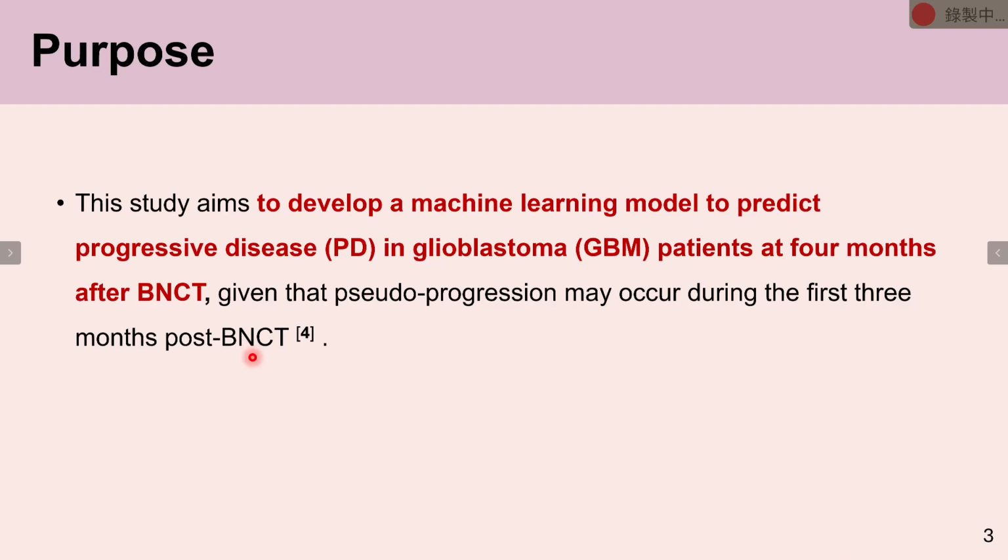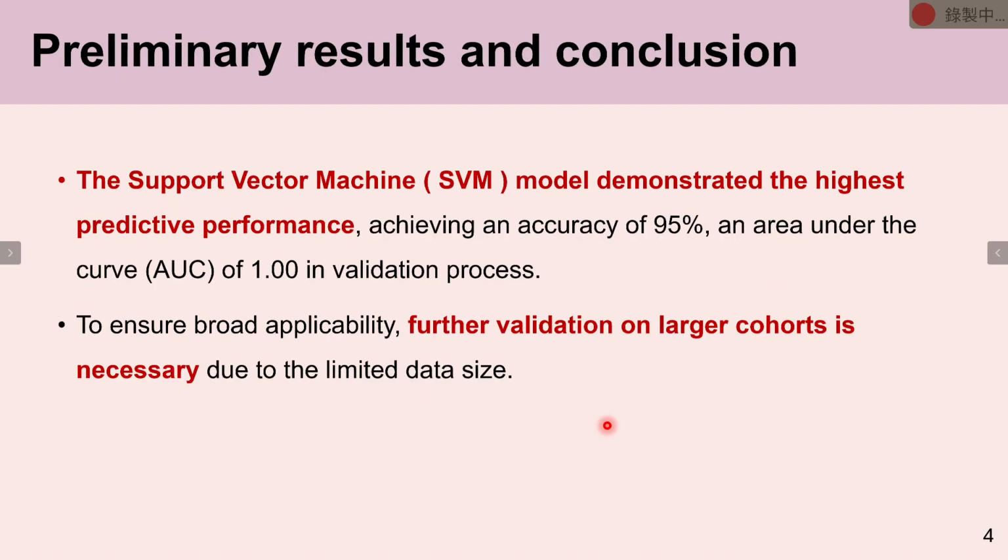My preliminary results show the support vector machine model demonstrated the highest predictive performance, with an accuracy of 90% and area under the curve of 1 in the validation process. However, despite the excellent performance, further validation on a larger cohort is necessary because our data size is small, to ensure broad applicability.